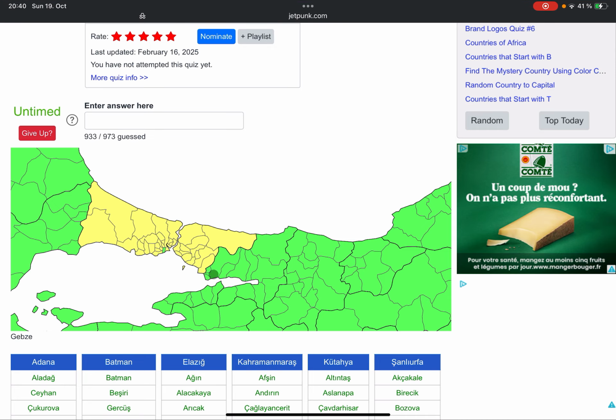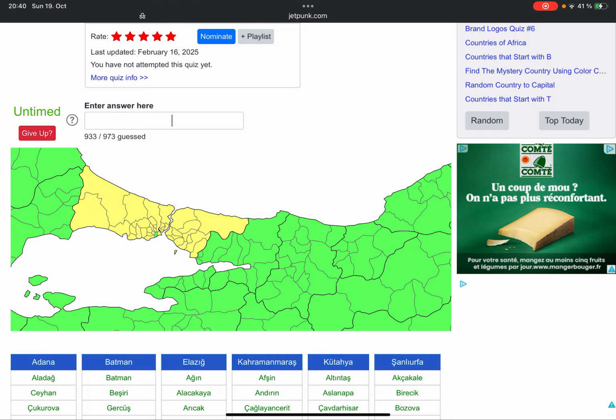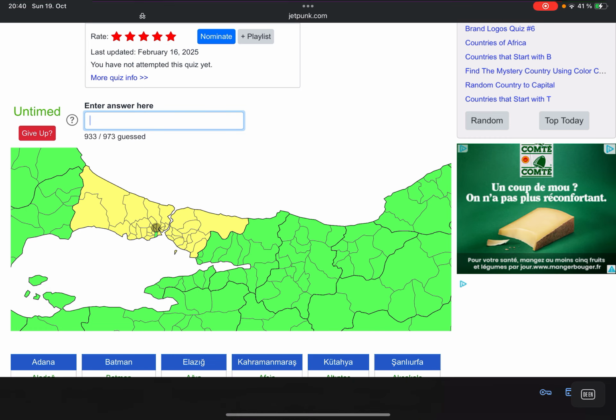And I'm not even gonna try to name out all of the districts that encompass the actual city of Istanbul, because it's the biggest city in Turkey, as you might know. But yeah, I'm just gonna name these last few districts.